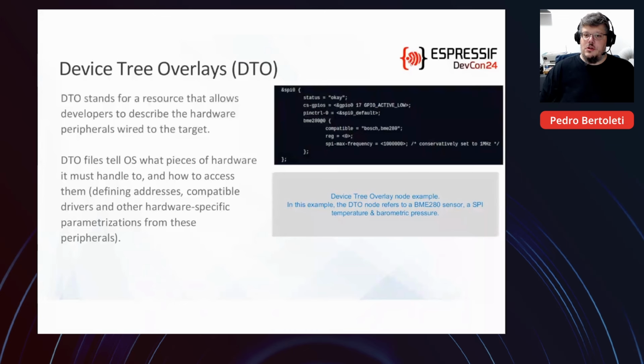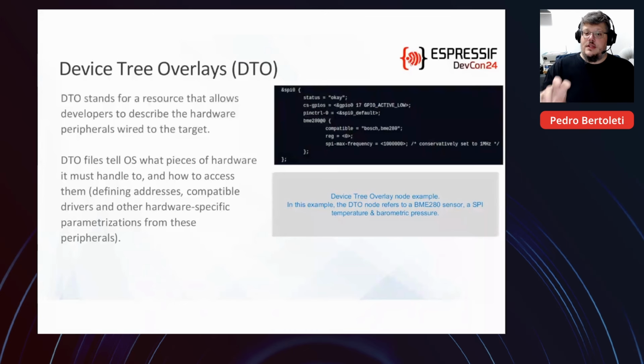It contains a description of what is wired where. DTO files tell the OS what pieces of hardware it must handle. As you can see on the right side of the screen, there is an example of a DTO node that describes an SPI node, which contains a BME280 sensor by Bosch.